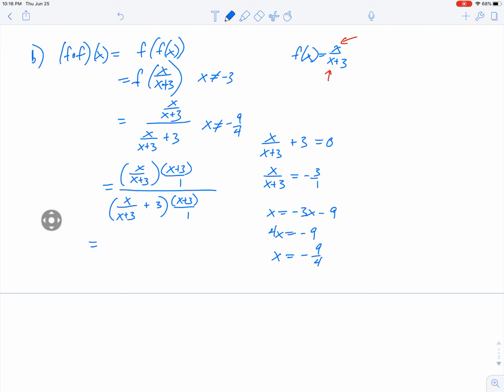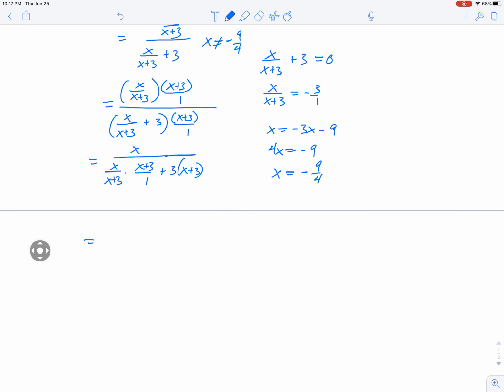In the numerator, it's just x, and in the denominator, I'm going to distribute that x plus 3. This becomes x divided by x plus 3x plus 9, where I canceled the x plus 3's.